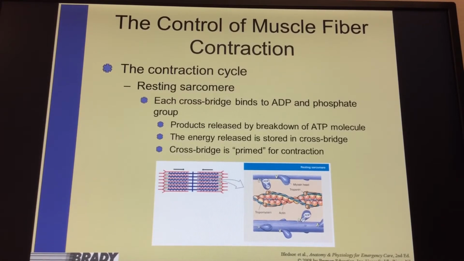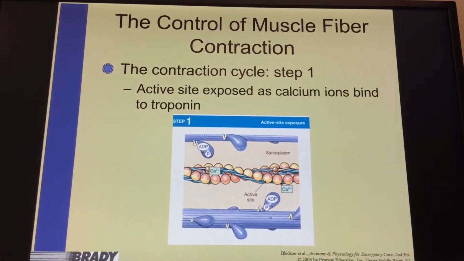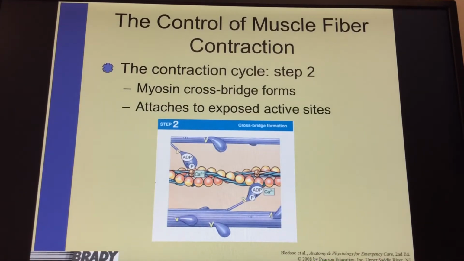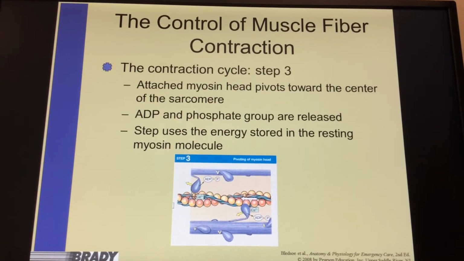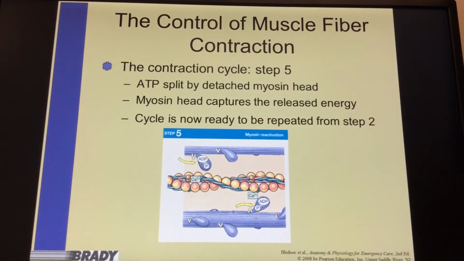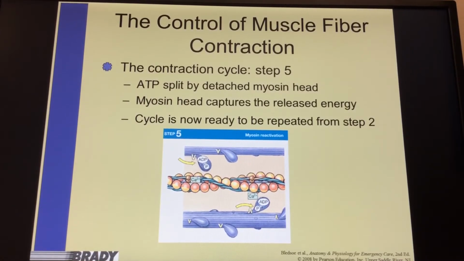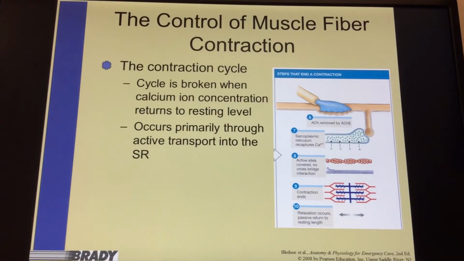Once we've used up all the energy in the area, it will relax. The head will release, and the thick filament will be able to slide right back down. This is all those steps we just talked about. There's a release right there. The thick filament will slide back into the position it was in prior to the start.